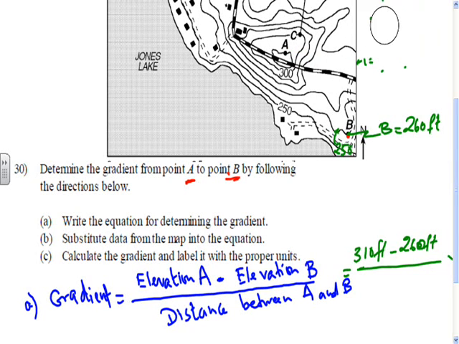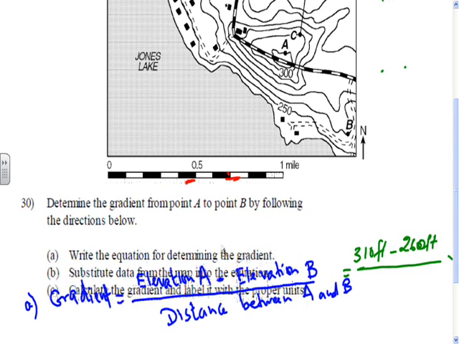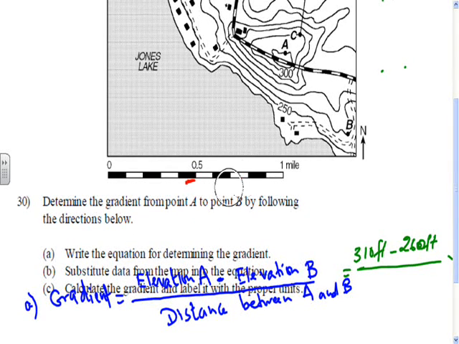How can I find the distance between A and B? Let me erase this so I have more room. First of all, as I said, take a piece of paper. I need the scale, so sorry for that again.